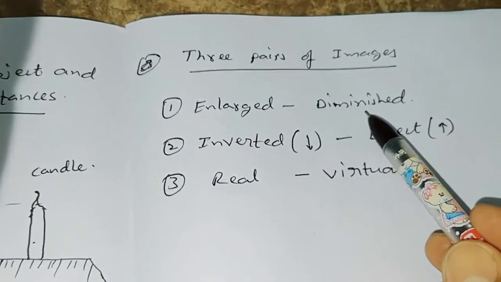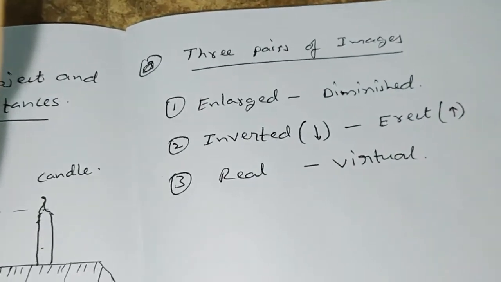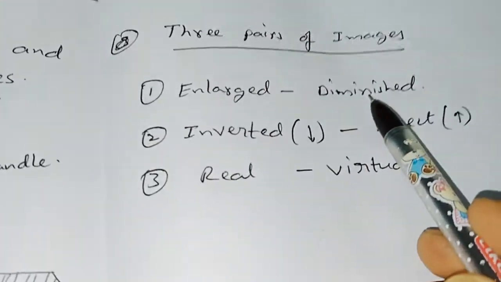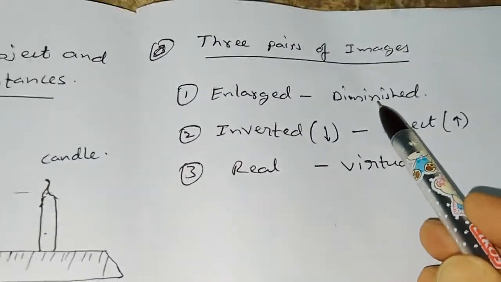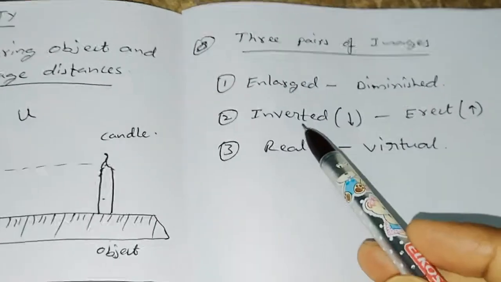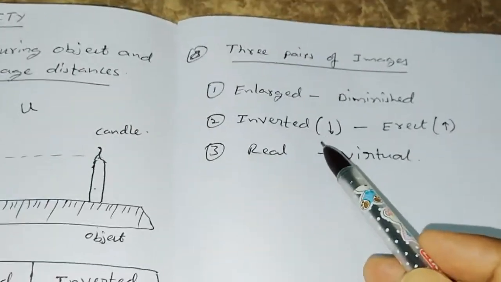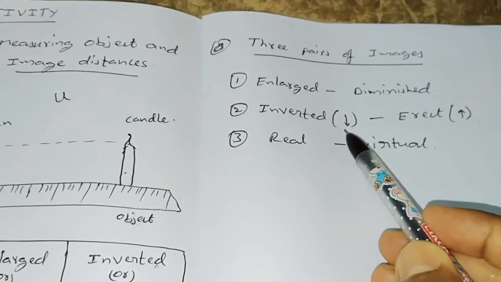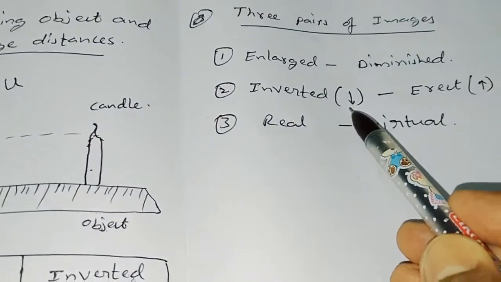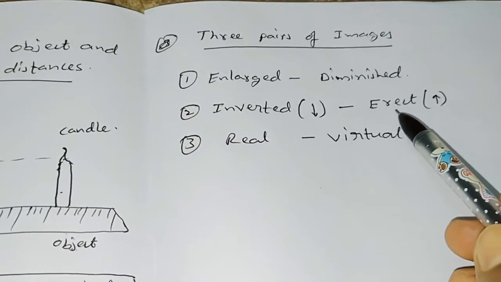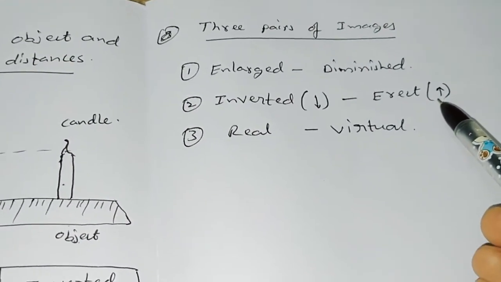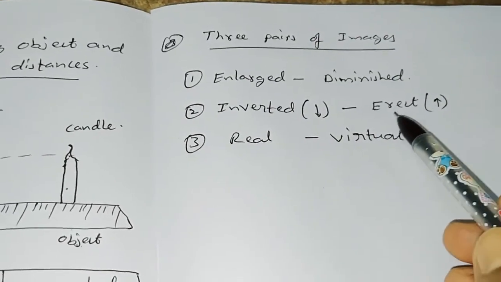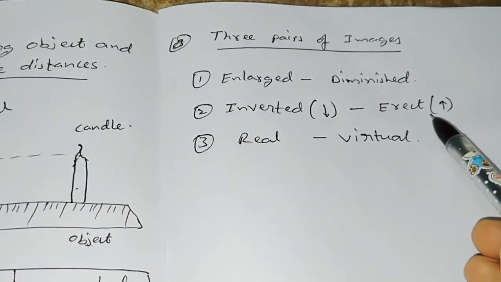Diminished means if the image appears lesser in size than the real object, that is called a diminished image. Next, inverted means if the image appears in reverse position, then such type of image is called inverted. Next, erect means if the image appears in the same position, that type of image is called an erect image.